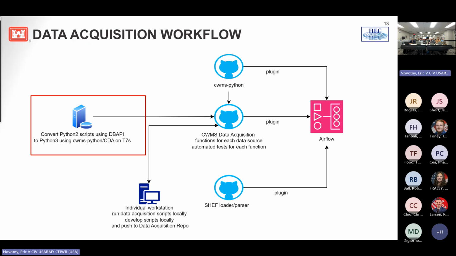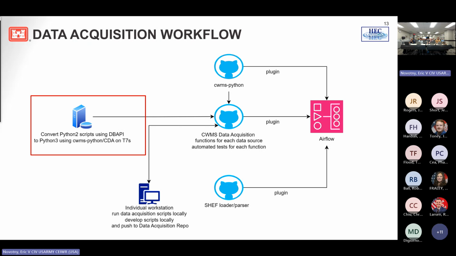They are running Python 2 scripts using DB API to grab and store data. We need to convert those scripts to Python 3 using SWIMS Python and CDA. The first step is to get those scripts running on your server right now.